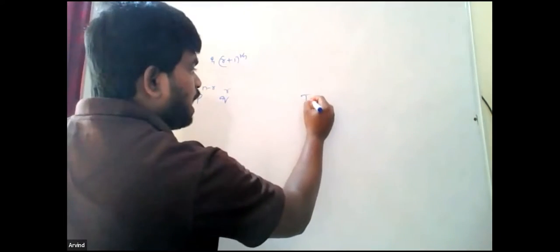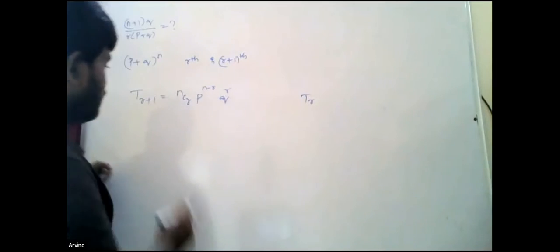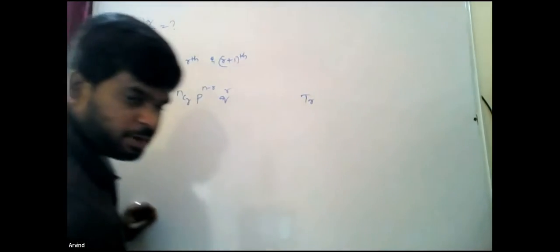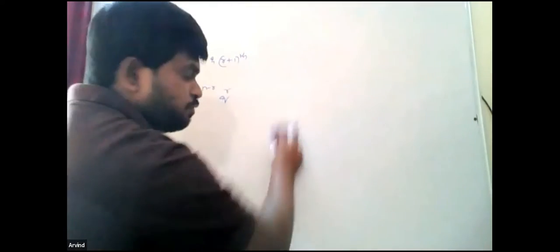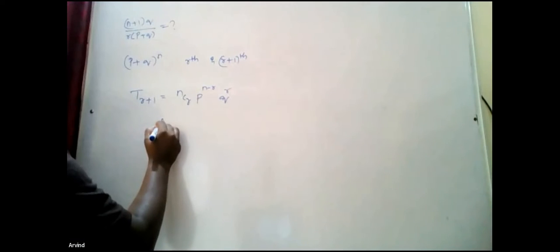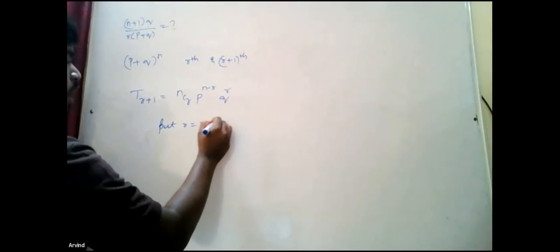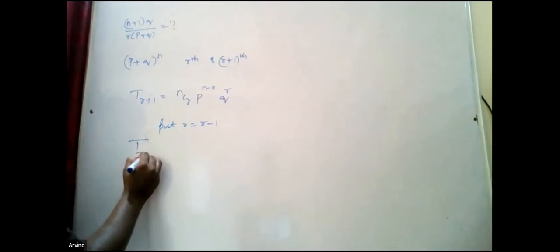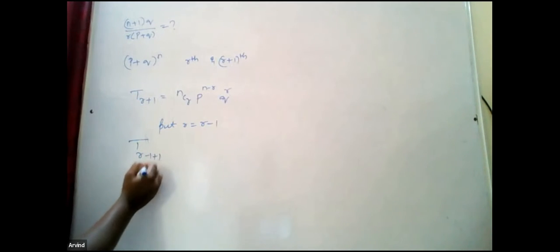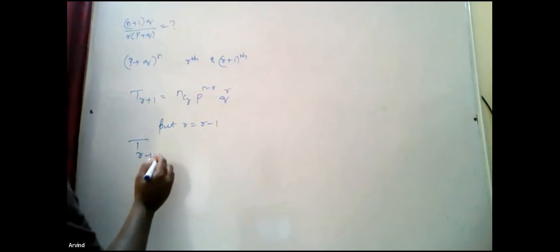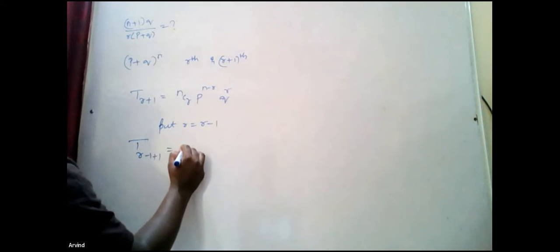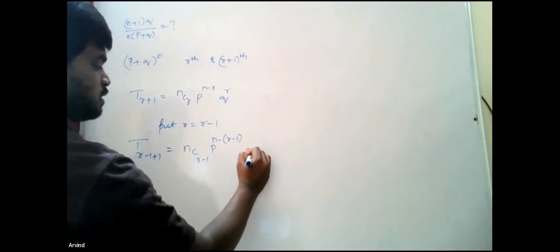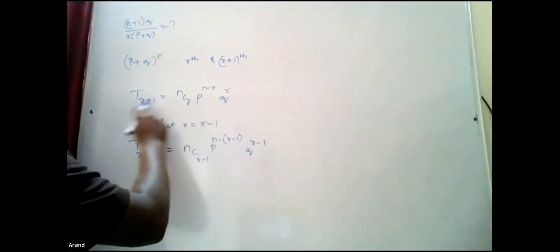Now if you want the rth term, what should you do? Put r minus 1 in place of r. So if you put r equal to r minus 1, then minus 1 plus 1 cancels, and then you get the rth term. So it is nC(r minus 1), putting r minus 1 in place of r everywhere. This is the general formula.